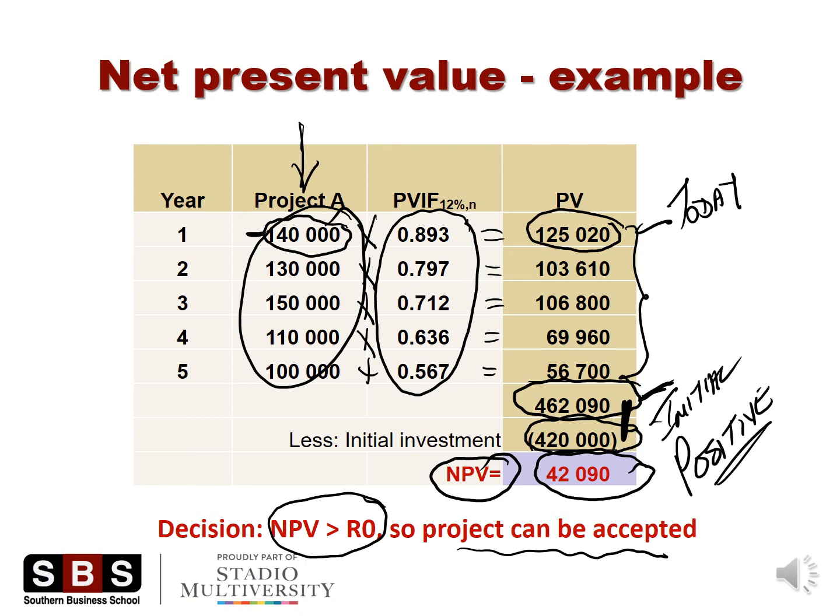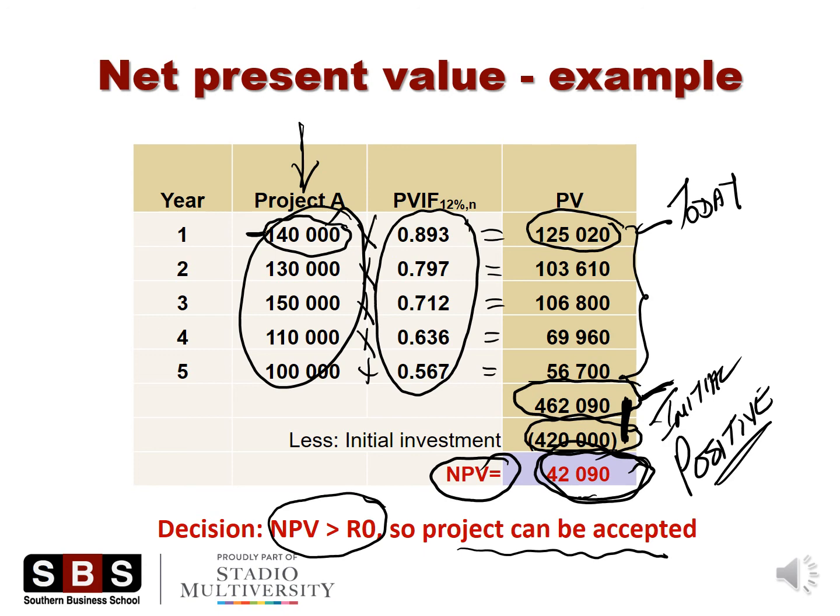In the case of mutually exclusive projects, you will then select the project that has the highest net present value to invest in, because mutually exclusive means if you select one, you can't select the other. However, if they are independent projects, then you can invest in all of them at the same time, and then you will select those projects where the net present values are positive. If the net present value is negative, it means that the initial investment amount is bigger than the total net present value amount, and then you will not invest in such a project.